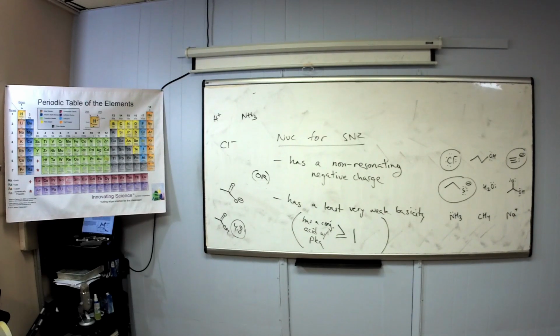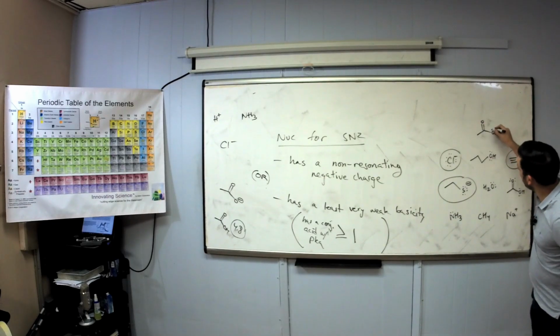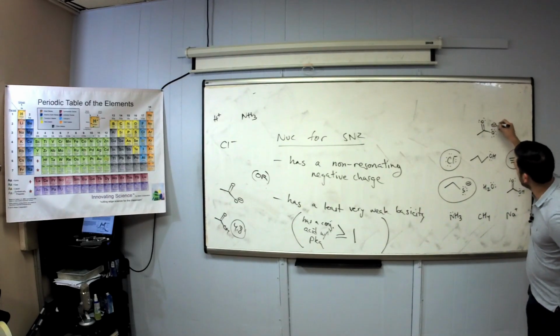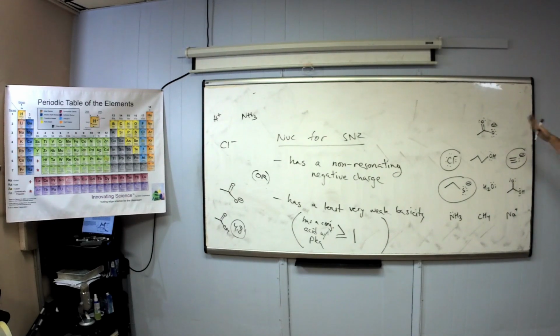I don't have to check basicity if there is a negative charge that's stuck without resonance. It's either that or that. Automatically, I pick the ones that are negative and not doing resonance. If this was on here, I would look for basicity because there's resonance there. I'm not automatically circling it, right?